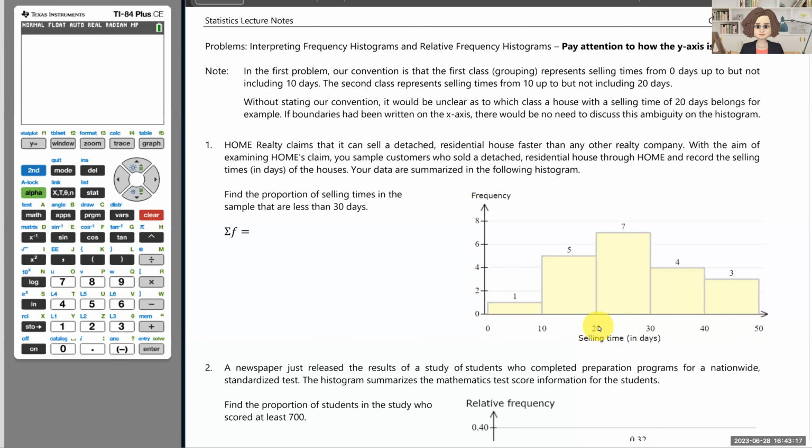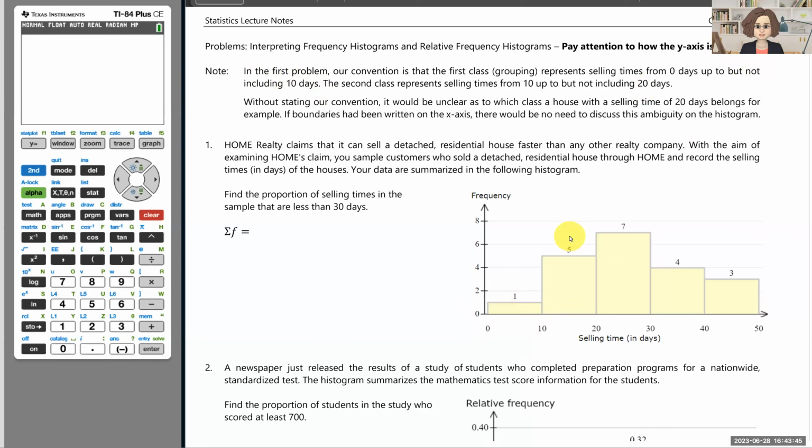All right, but expressing it in whole numbers like this does make it a little more readable and accessible generally to a reader. So let's talk about our convention. What we're going to do is assume that as it's presented, this first grouping, this one house, is a house that sold somewhere from 0 days up to, but not including, 10 days.